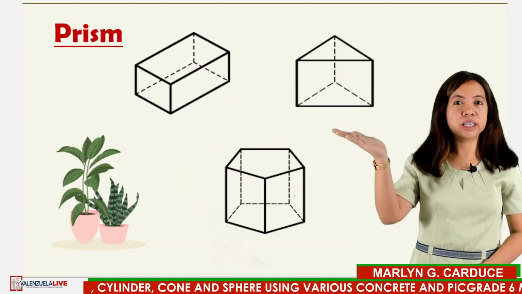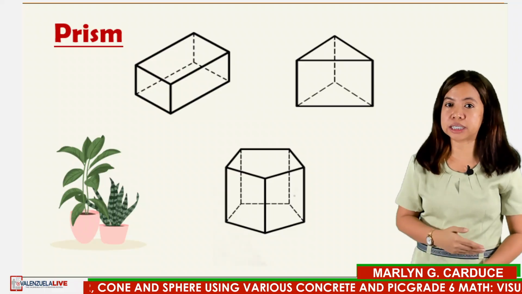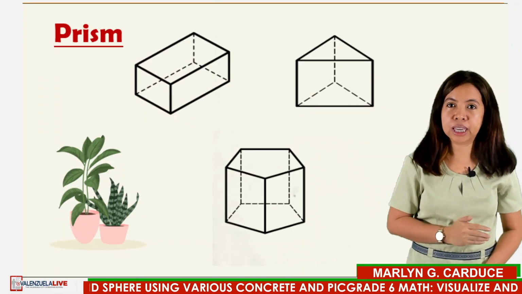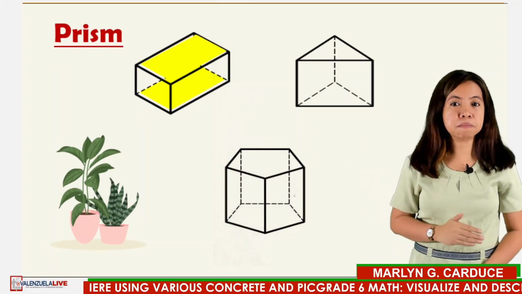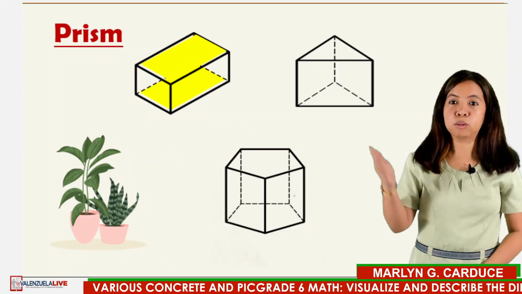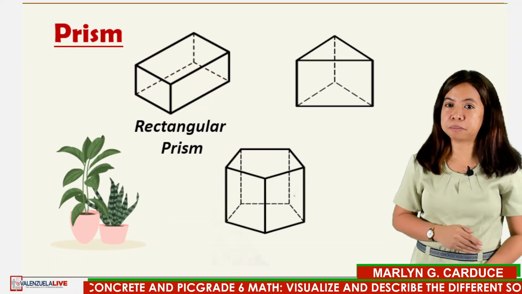So I have here different types of prism, and we can now name them according to their bases. If a prism has rectangular bases, we can name it a rectangular prism.